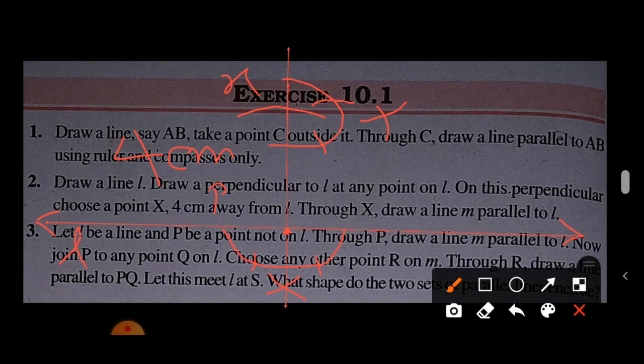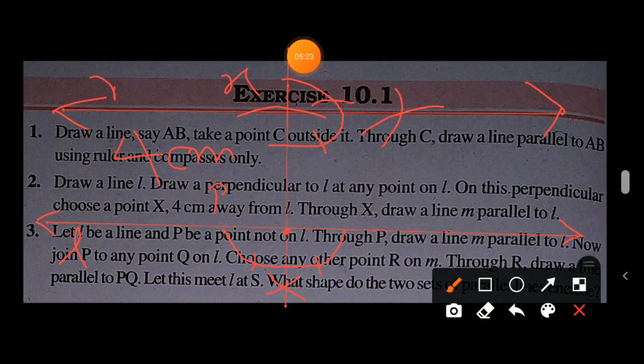This is called Q, and then we join these two intersecting points. So this is the required perpendicular through X. Draw a line M parallel to L. So this is the M line, and it is 4 centimeter away from the L.